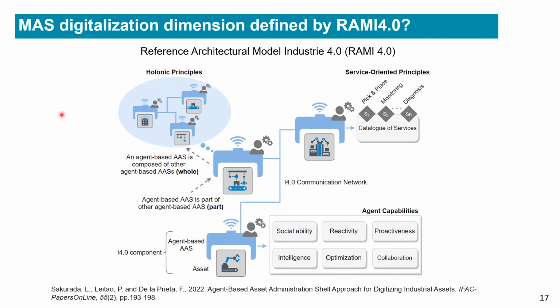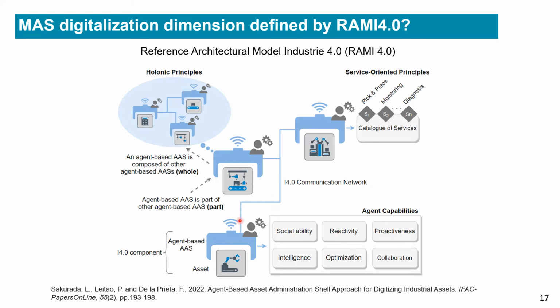Another example of utilizing multi-agent systems in manufacturing is digitizing the dimension defined by RAMI. In this research, with the title Agent-Based Asset Administration Shell Approach for Digitizing Industrial Assets, a physical agent has been combined with the asset administration shell to produce an Industry 4 component.